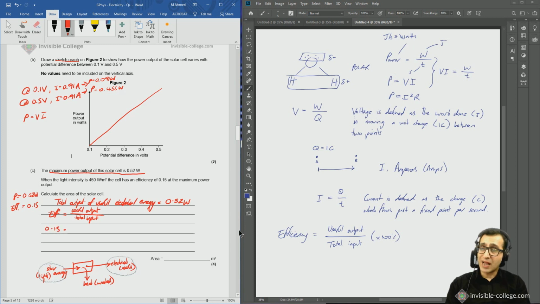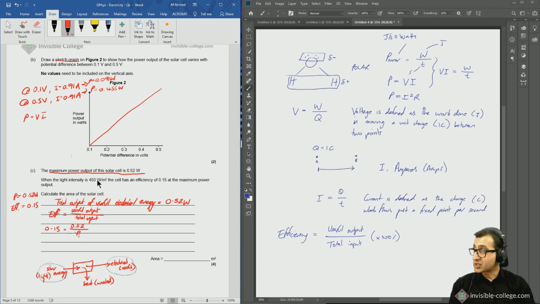The useful output is 0.52 watts, but the total input energy is unknown. So let's just call this P subscript I, power input. But the input power is solar energy, isn't it? And for every meter squared, we're getting a total input of light energy of 450 watts.